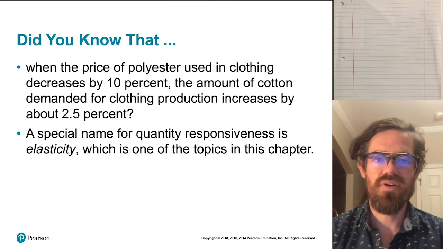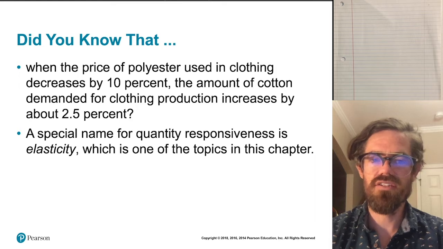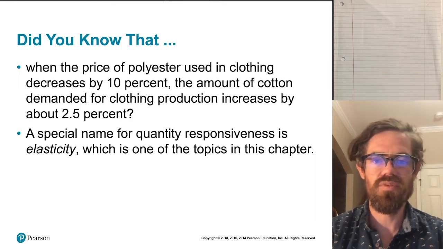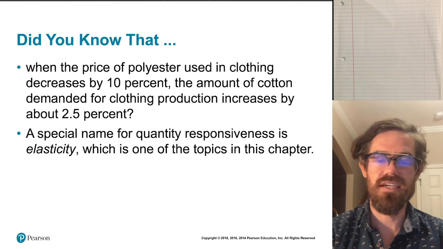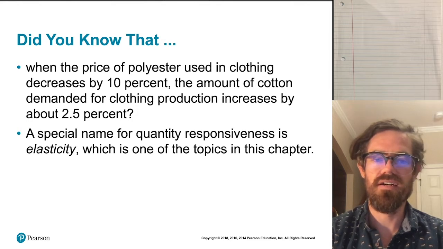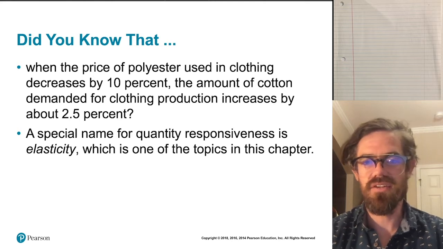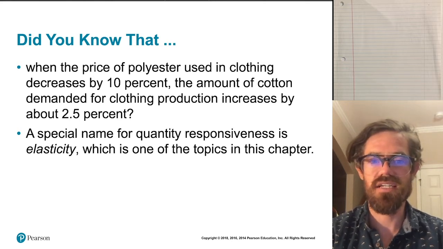Did you know that when the price of polyester used in clothing decreases by 10%, the amount of cotton demanded for clothing production increases by about 2.5%? So basically, again, what we're talking about here are elasticities. And this is in particular cross-price elasticity.